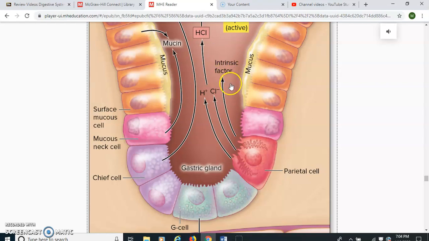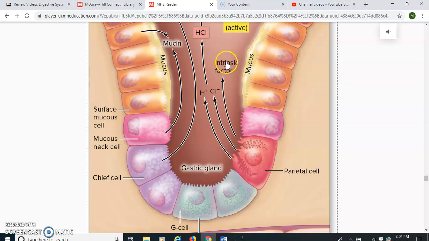So that's really important. It seems like there could be other issues with the intrinsic factor, but as people get older, they don't produce as much intrinsic factor. Then they have a decrease in the absorption of vitamin B12, and they can become vitamin B12 deficient and become anemic.